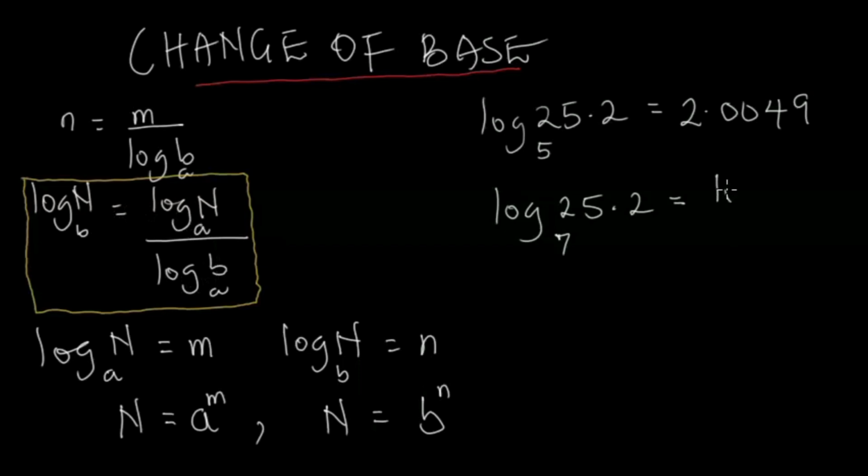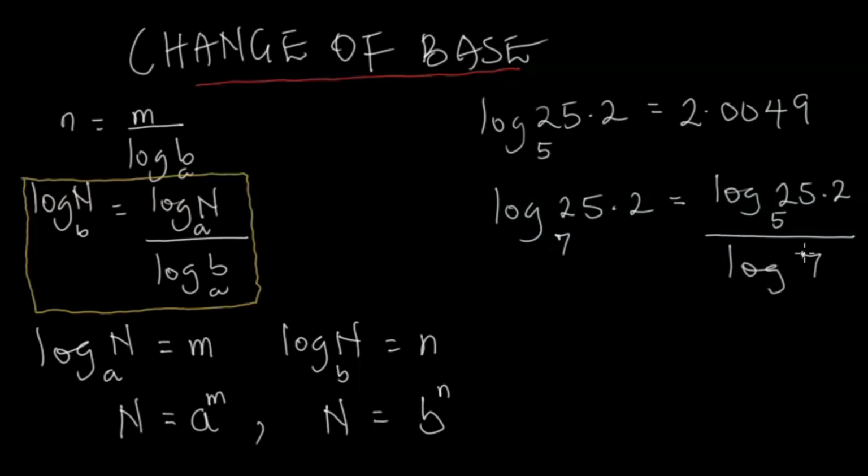It will be the log of the number to another base, in this case base 5, over the log of the base, which is 7, to the same base 5. So that's just the law of change of base of a logarithm.